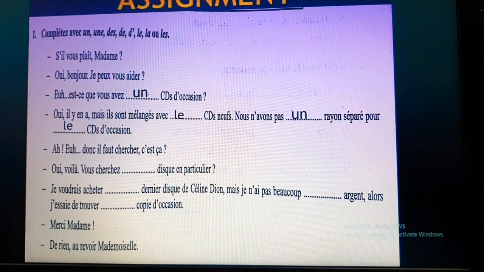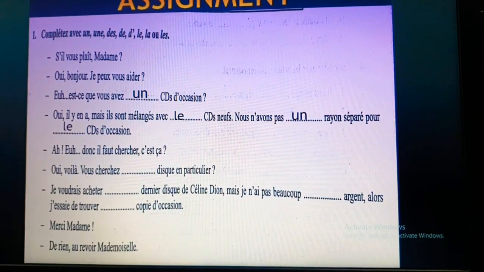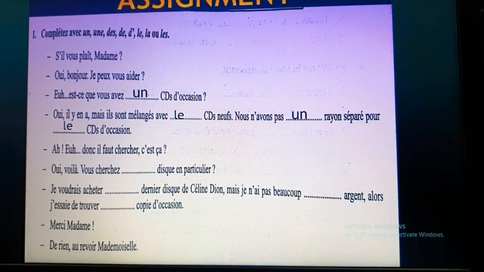"Il faut chercher, c'est ça." Can you find it for me? "Oui, vous cherchez dash disque en particulier." So yes, of course you can search for any particular disc. Any means the sense of indefinite.